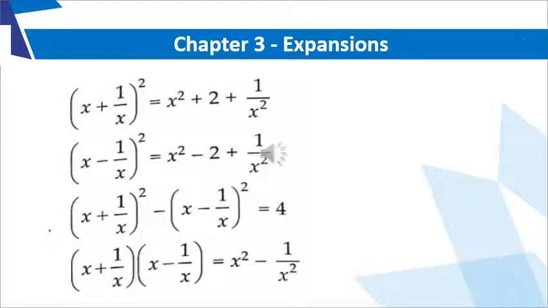We will be using some more identities such as (X plus 1 upon X) the whole square, (X minus 1 upon X) the whole square, (X plus 1 upon X) the whole square minus (X minus 1 upon X) the whole square, and (X plus 1 upon X) multiplied by (X minus 1 upon X).